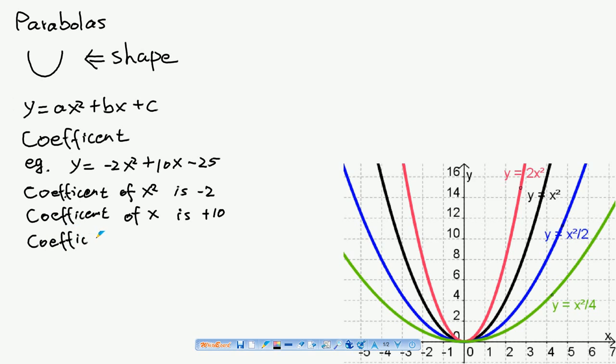Similarly, the coefficient of x to the power of 0 is minus 25. Because x to the power of 0 is 1, basically we have the coefficient of x squared, which is a, minus 2. The coefficient of x, which is b, in this case is positive 10. The coefficient of x to the power of 0 is the constant c, which is minus 25. That's the idea about coefficient.